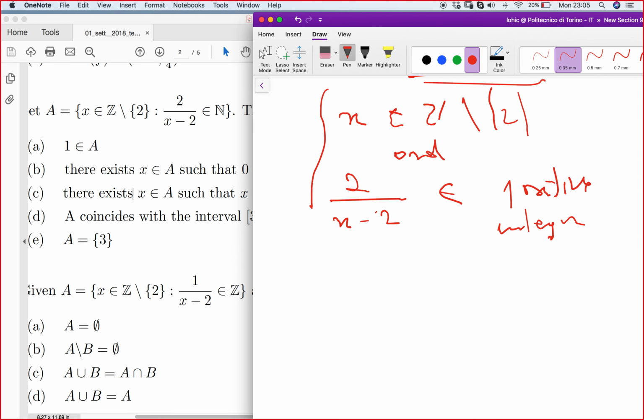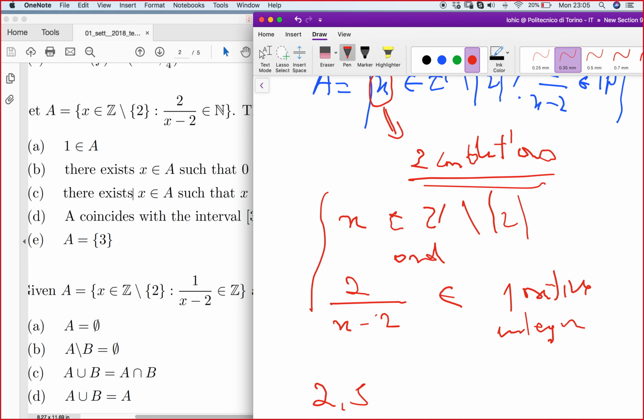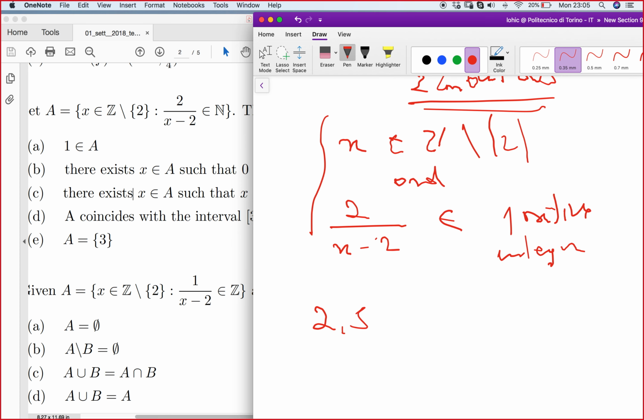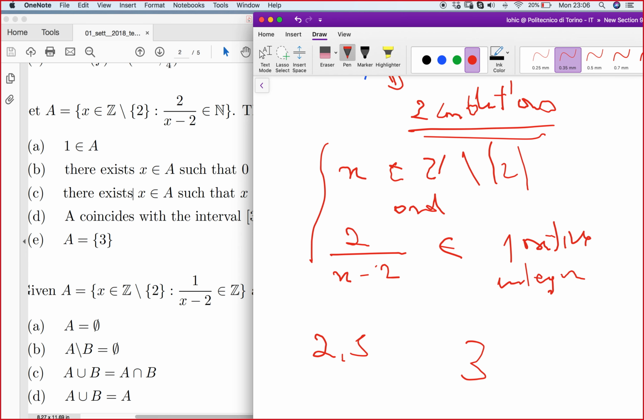For example, if I give you 2.5, does 2.5 belong to this set? You will say no, because 2.5 doesn't satisfy the first condition. Yes or no? If I give you 3, does 3 belong to this set? 3 satisfies the first condition. It is an integer number and it's not 2, right?